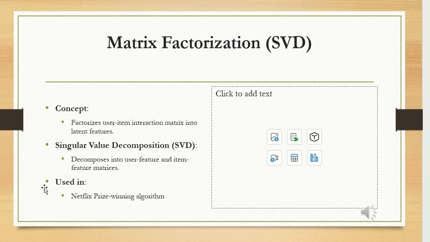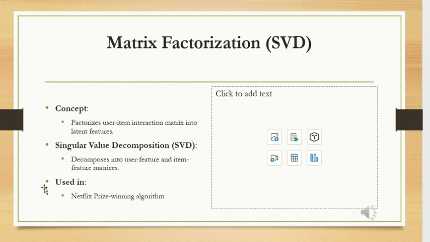Matrix factorization. The concept of matrix factorization is used to discover latent features, hidden patterns, from the user item matrix. Assume that user preference and item properties can be represented in a lower dimensional space.